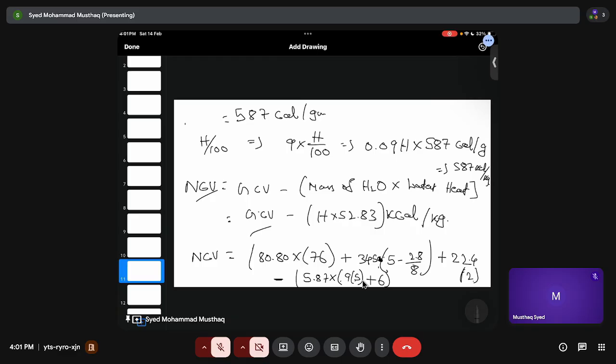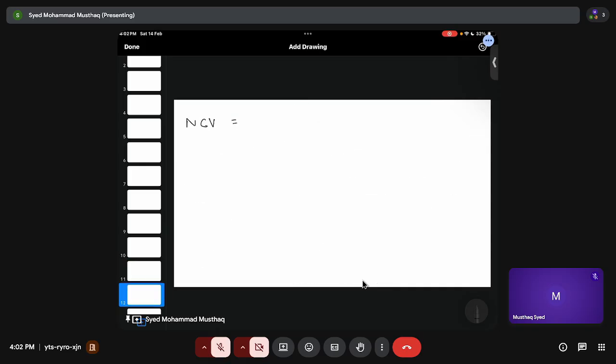So that will give me 7,513.6 kilocalorie per kg. This is the value you get, an approximate value.